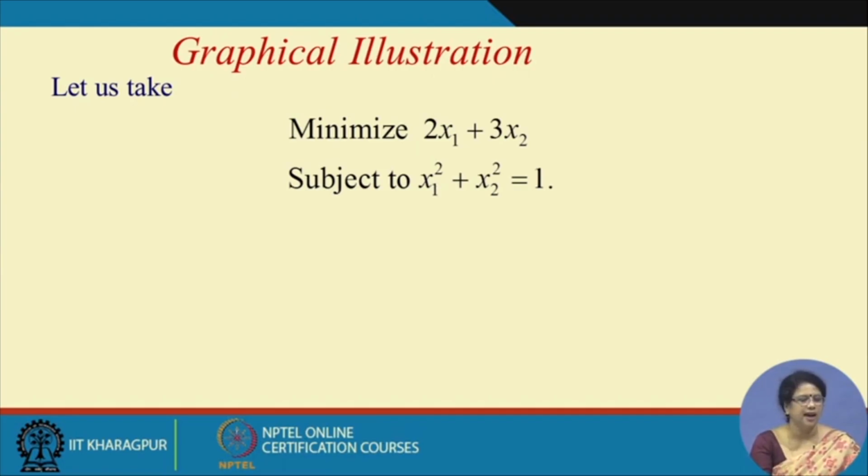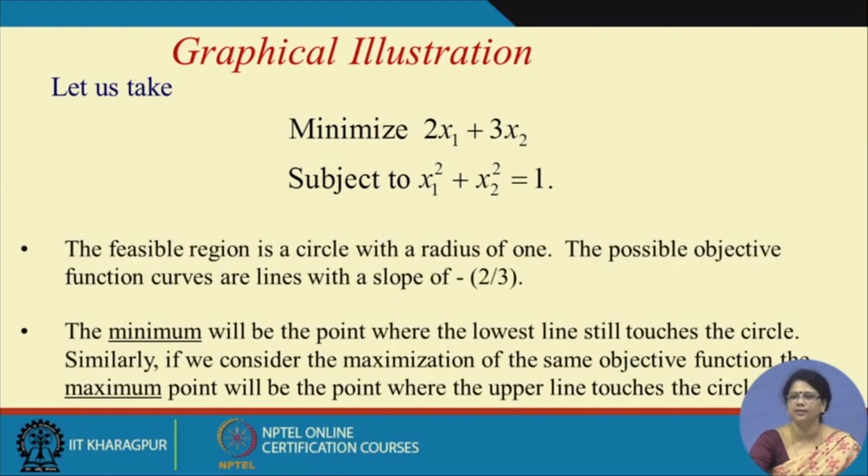All right, and the objective function is moving in the x1, x2 region freely. There is no restriction for x1 and x2. The objective function is a straight line having a slope of -2/3.